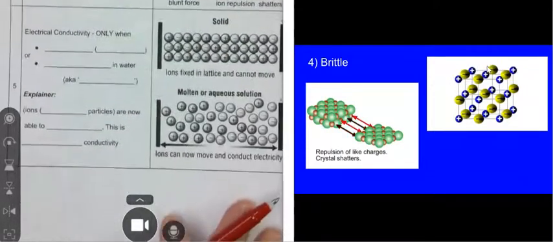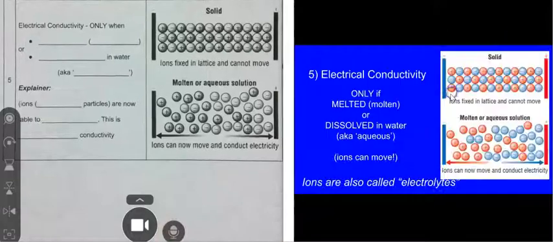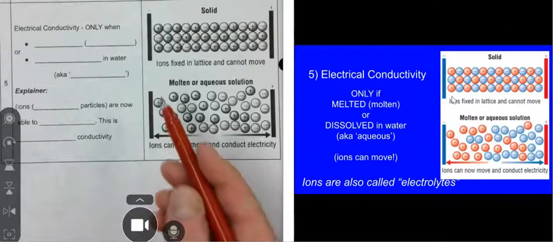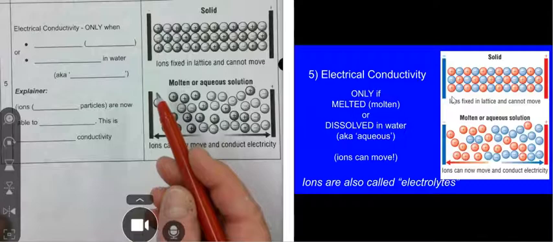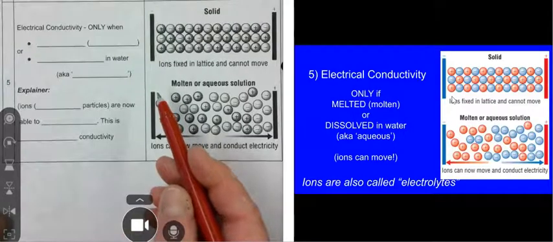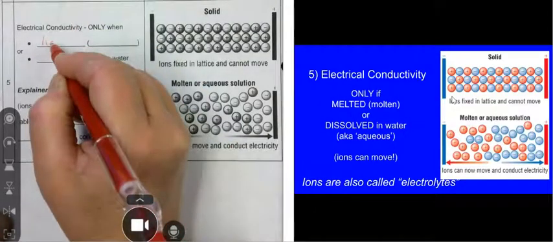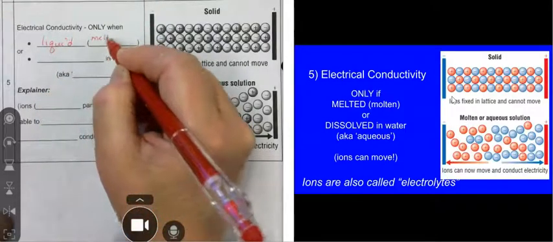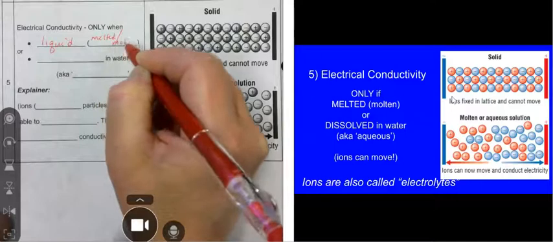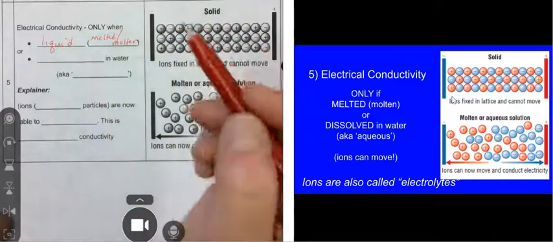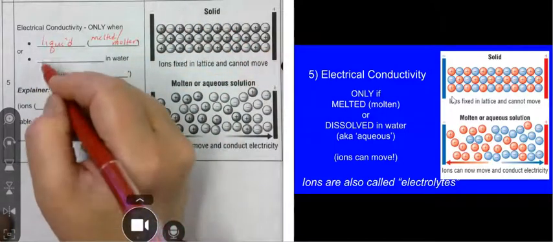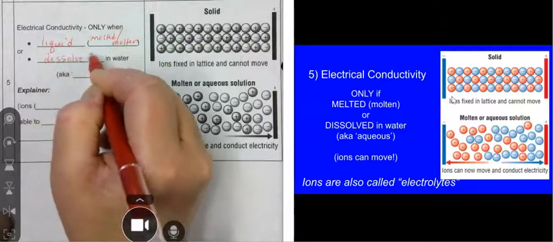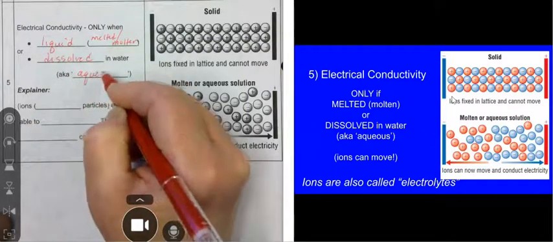The last property is electrical conductivity. Electrical conductivity happens for ionic compounds only in two situations. When the substance is liquid, meaning it is melted or molten, or when the substance is dissolved in water, otherwise known as being aqueous.